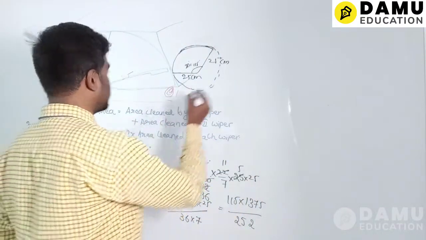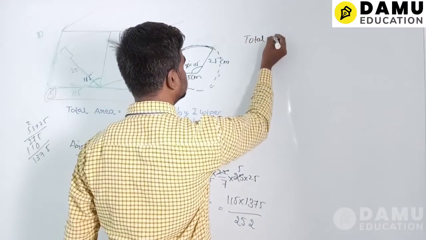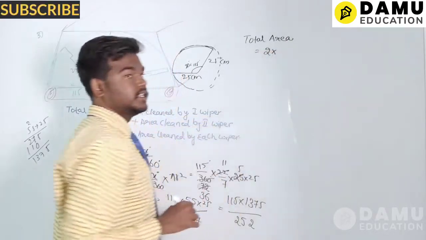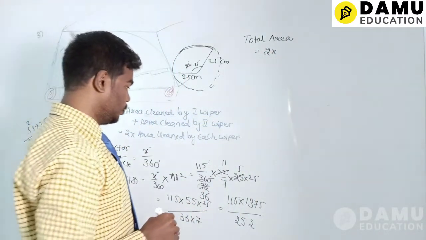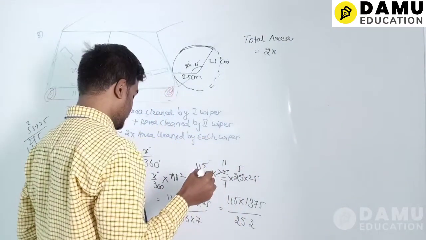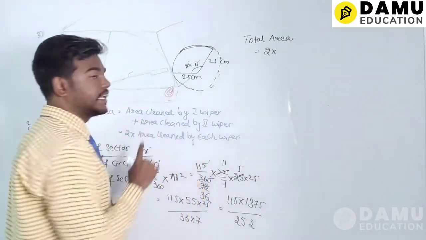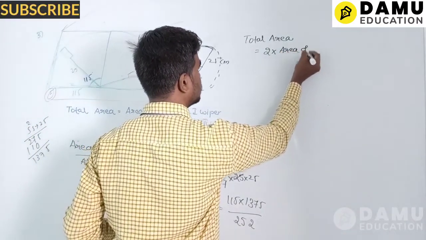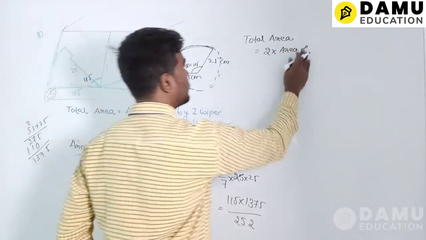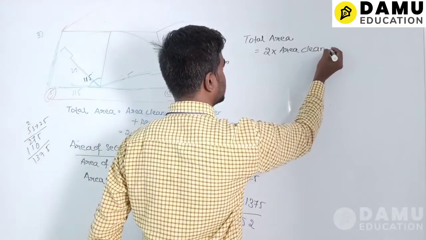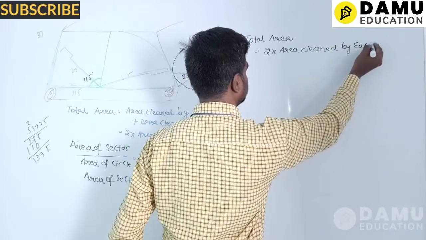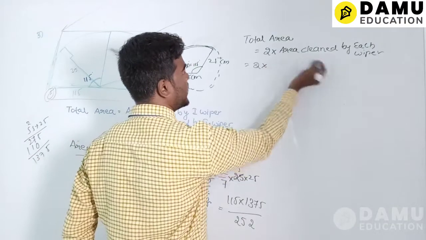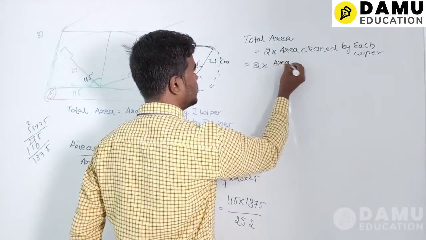So then what is the total area? The total area will be equal to 2 into the area cleaned by each wiper, and the area cleaned by each wiper is the area of the sector.